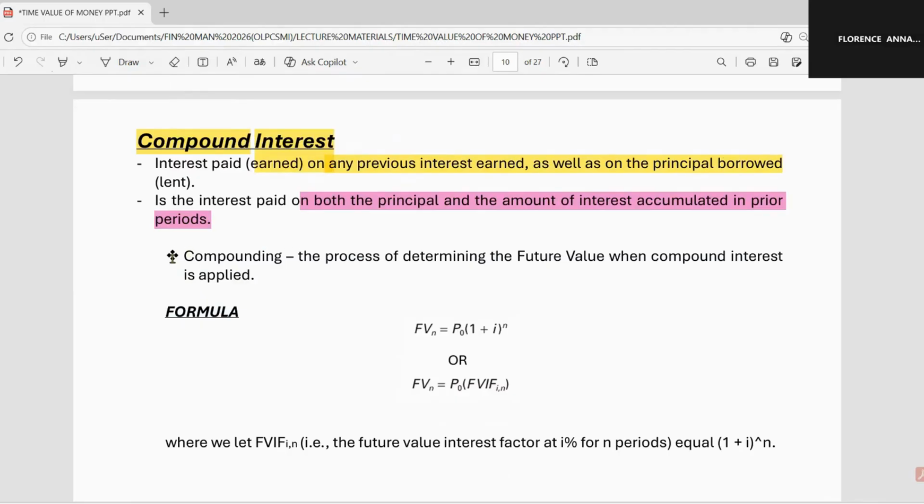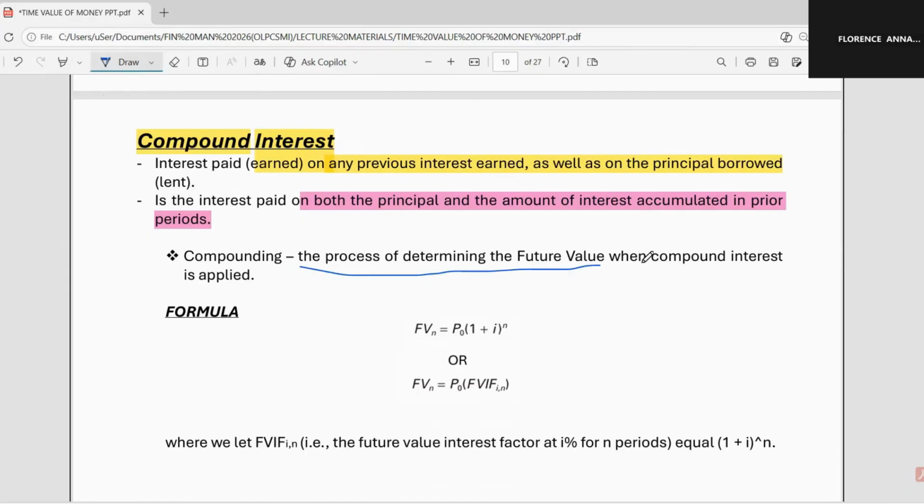Under this, we have the process of determining the future value when compound interest is applied, tinatawag nating compounding. So how do we compute the future value using compound interest rates? So your future value at end period is principal times 1 plus interest raised to n, wherein yung n is the number of periods.